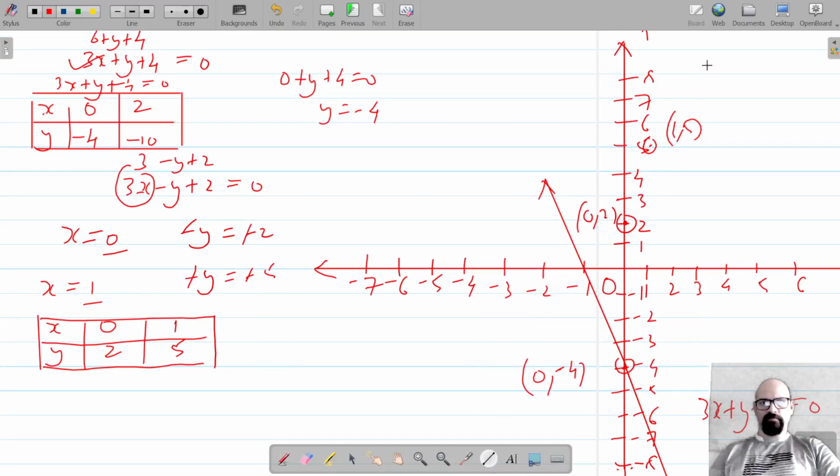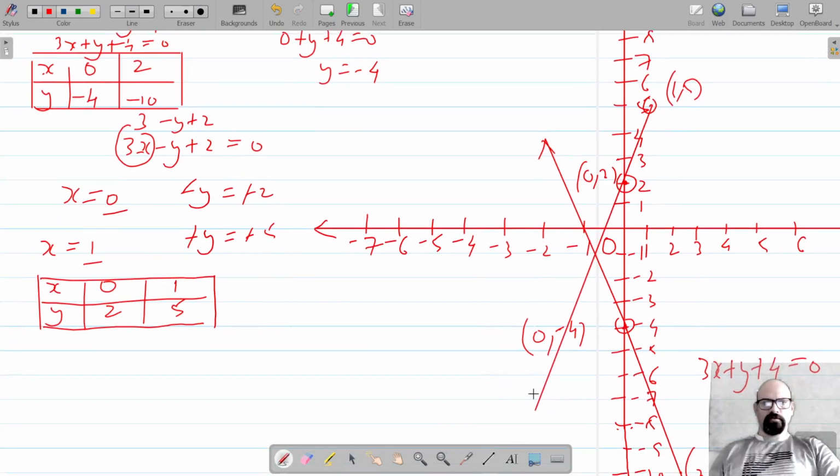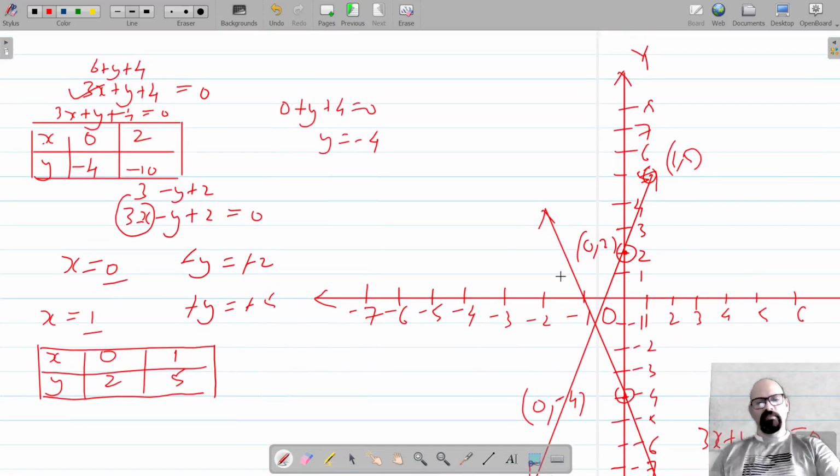If we plot the graph, this graph should be something like this, because my coordinates are not exact.